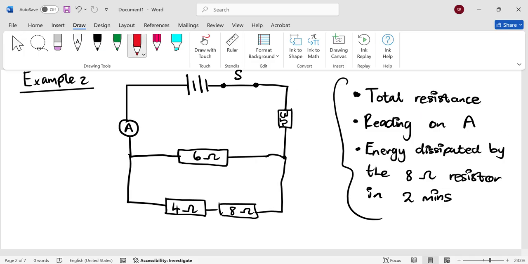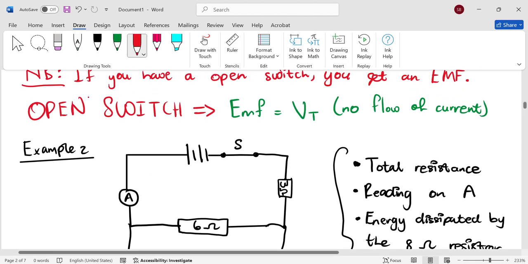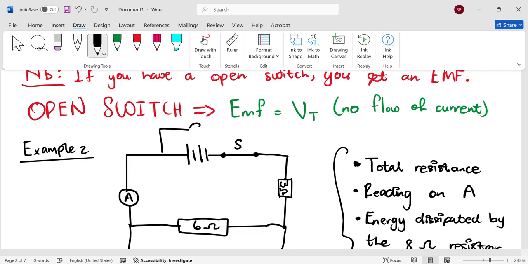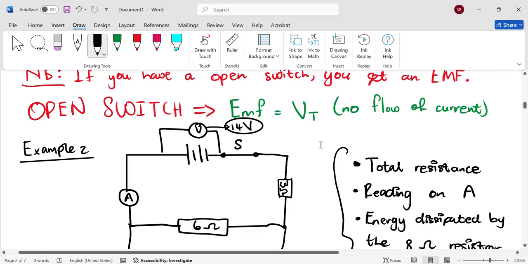Oh, and by the way, I have a voltmeter across the battery, and this guy here reads 14 volts. So that's a voltmeter V, and it reads 14 volts. Right. Okay, I think now we can start analyzing.